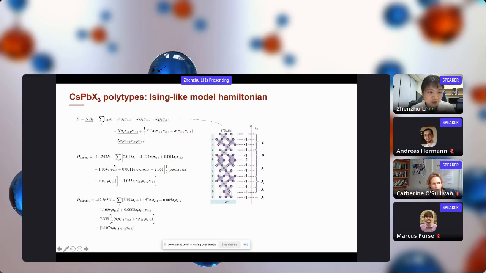And to briefly explain one parameter, H0. H0 denotes the energy for suspending the monolayer without any interlayer interaction.